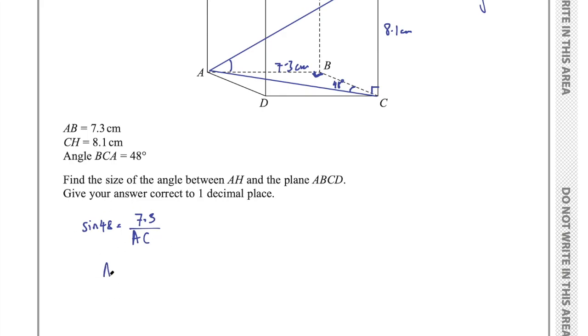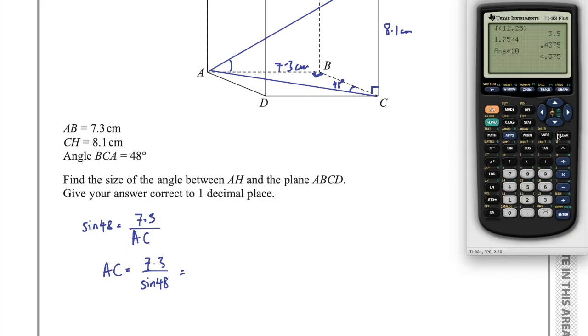So then we can say AC is going to equal 7.3 divided by sine of 48, and then we can go to our calculators and put in 7.3.